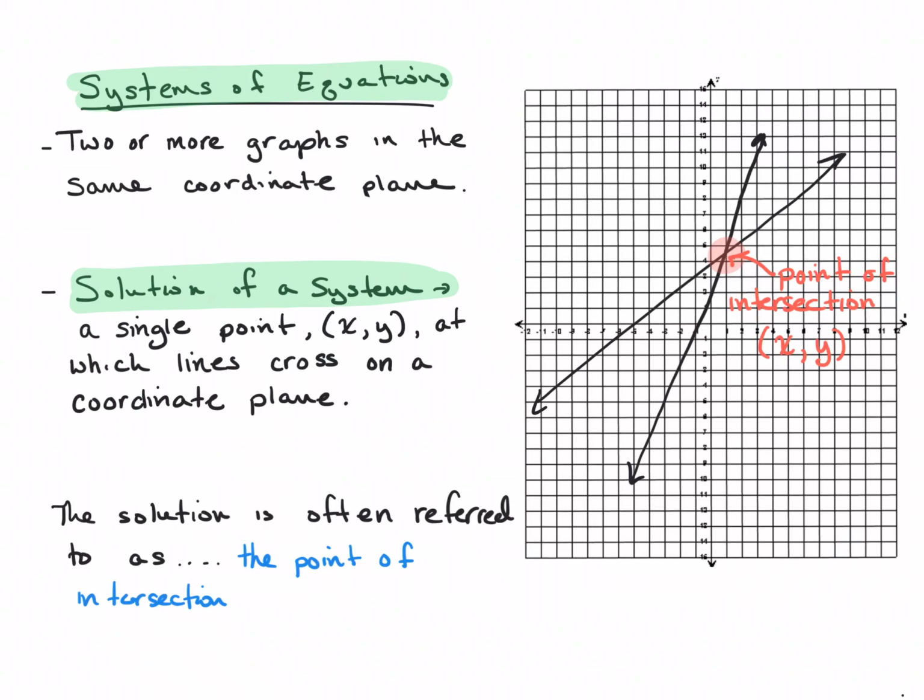People can ask you for the same thing two different ways. They can say, what is the solution to your system? Again, that's just where the two lines cross, where they meet, and you list it as a coordinate pair of x comma y. Two lines cross at one single point. Or someone could ask, what's the point of intersection? That is a more specific way of asking the question.